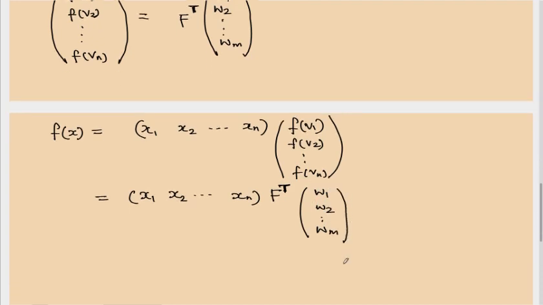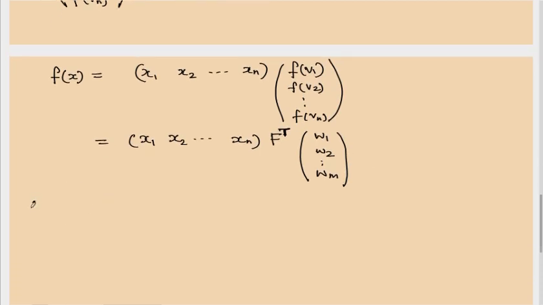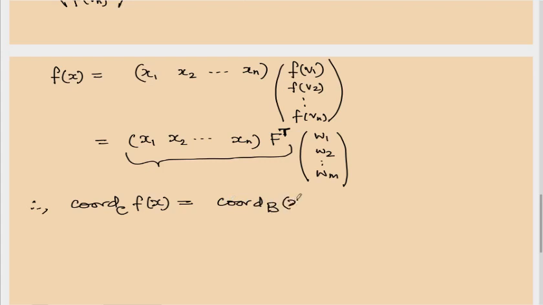Therefore, how do I obtain the coordinates in C of F of x? If you take the transpose of this, it is F times the coordinates in B of x.